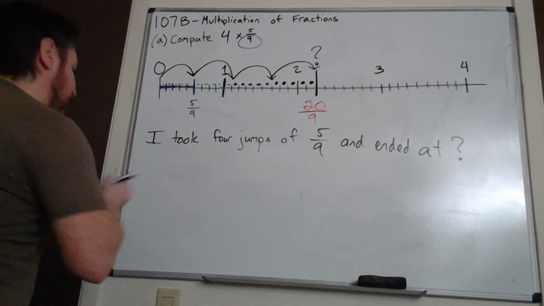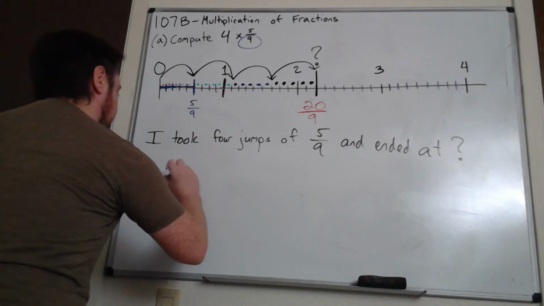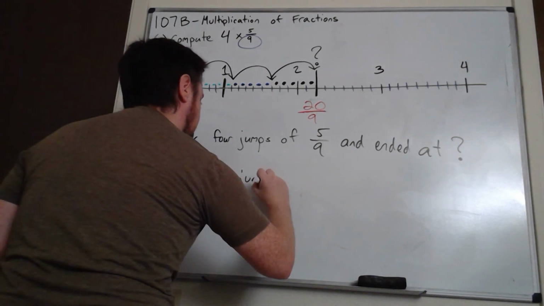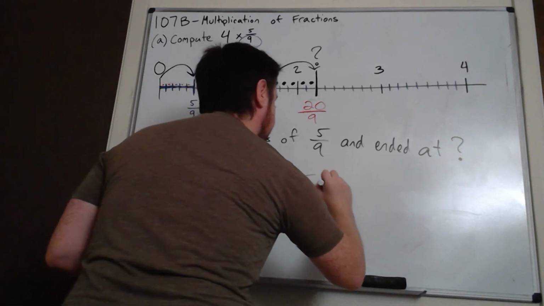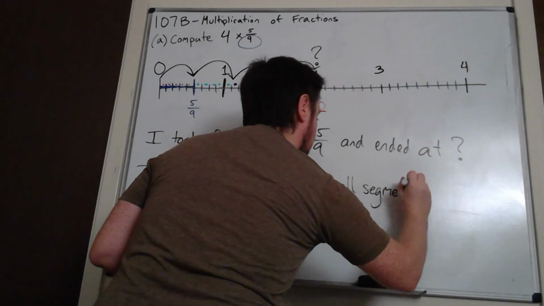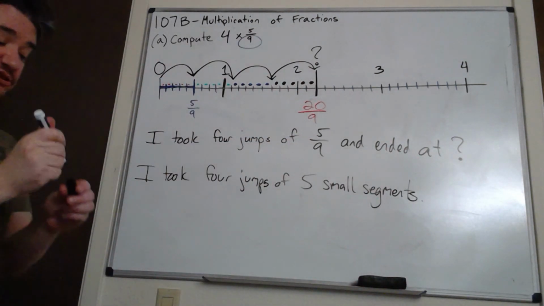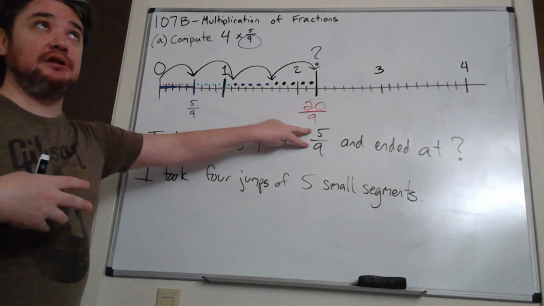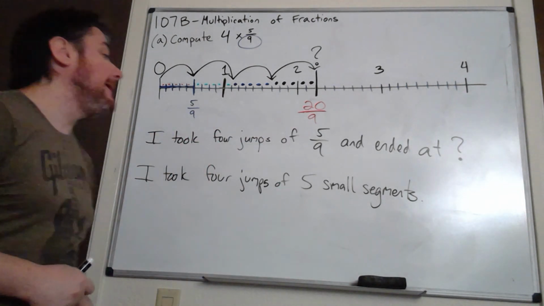Another way to describe that is I took 4 jumps of, let's say, 5 small segments. Okay, that's also fair. So here I'm using the fraction to explain the length of the jump.